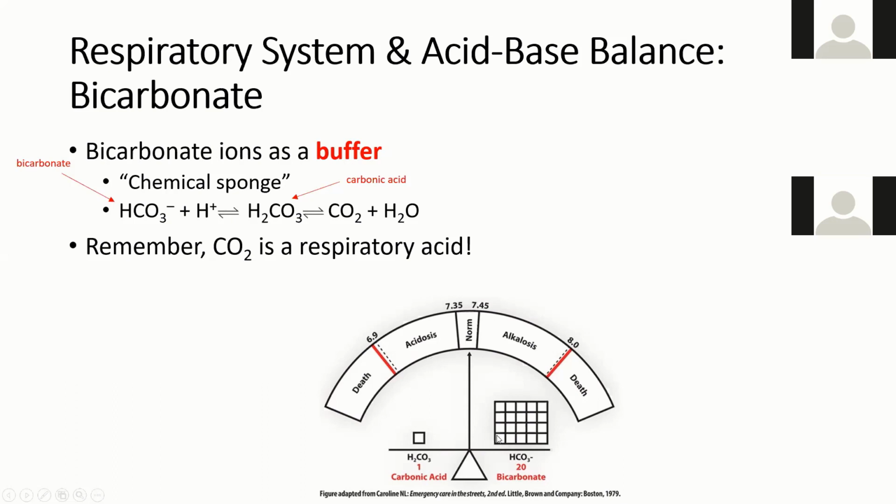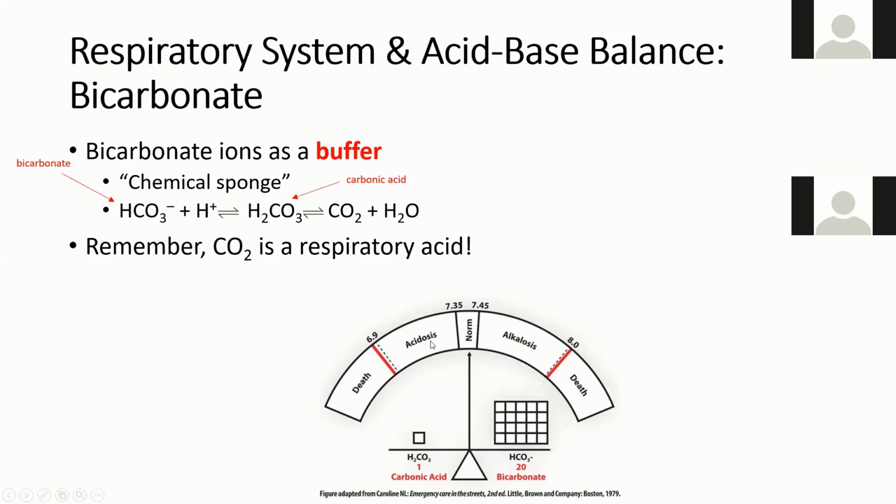So we're going to have this basically 1 to 20 relationship, and we're going to extend that to a specific relationship between CO2 and bicarbonate as well. But you can see that here, when we have this balance, we're going to be at our normal pH, which is between 7.35 and 7.45.